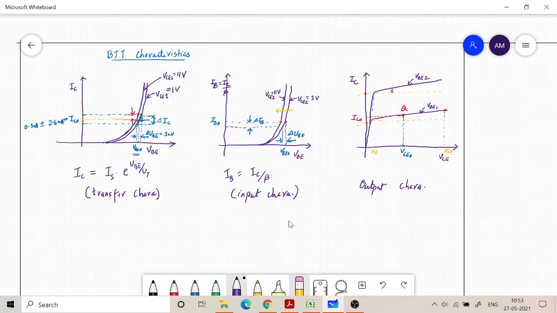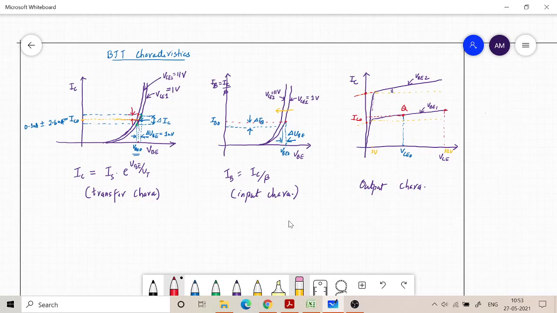We can take the practical characteristics and then modify these equations in order to incorporate this non-zero slope. If there was no dependency on VCE, then these curves would be completely flat, like I have shown here with the orange dotted lines. But since there is a slope, we have to assume that the current changes with respect to VCE. If I extend this backward, then it will meet on the y-axis at this point.